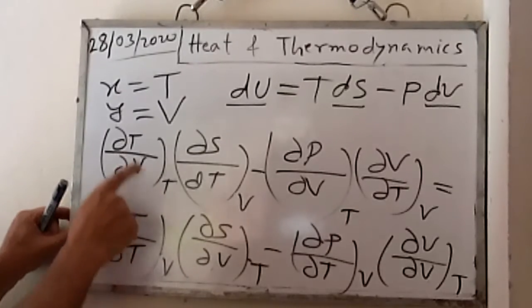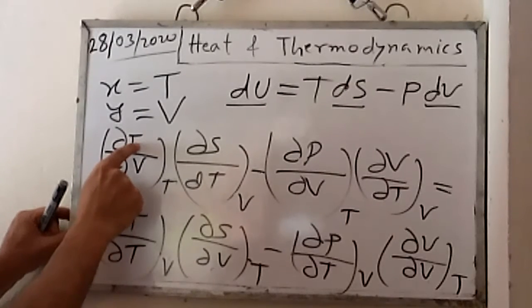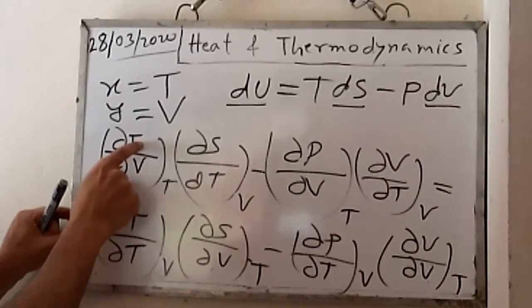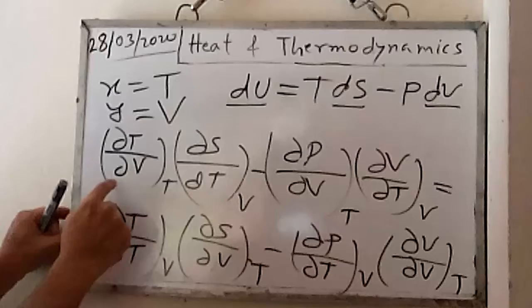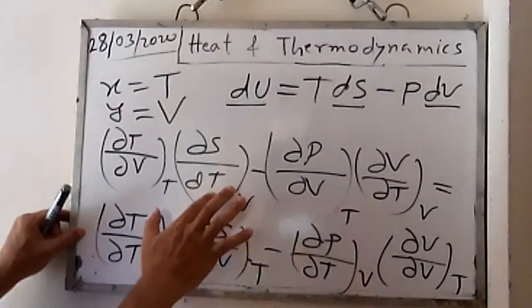If T is constant, then you could not differentiate T, so this will be 0. T is not variable, T is constant. Here T is denoted as a constant, so you cannot differentiate T. If you differentiate a constant, then this should be 0. So this is 0. It's okay.